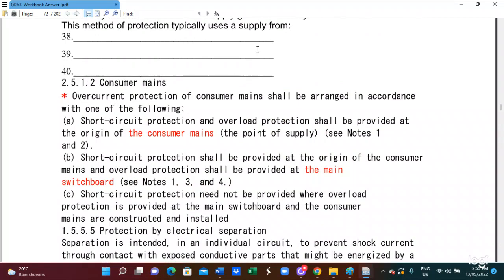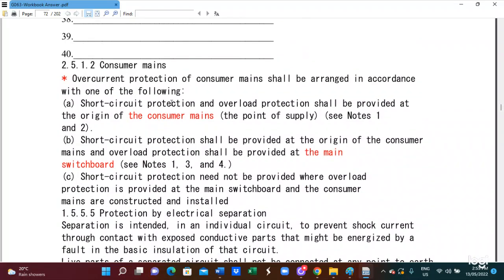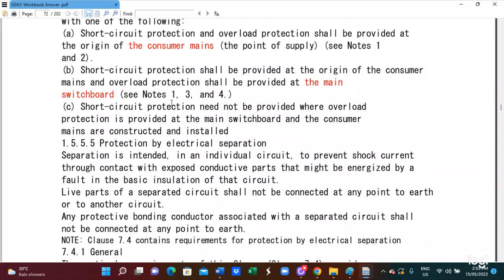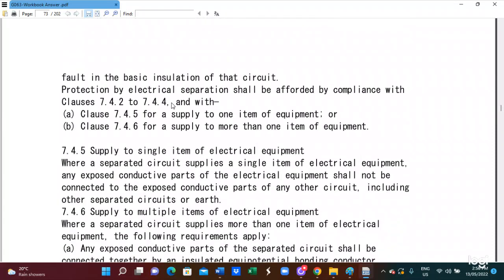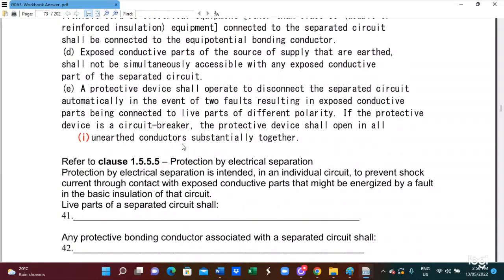Read clause 2.5 and 1.2 regarding the consumer main, the definition of the consumer main, and how to protect it, the short circuit protection. You can read those things on the consumer main. And you also read through clauses 7.4.5 and 7.4.6 regarding a single item of electrical equipment supplied to multiple items of electrical equipment. And the other conductor definition refers to clause 1.5.5.1.5.